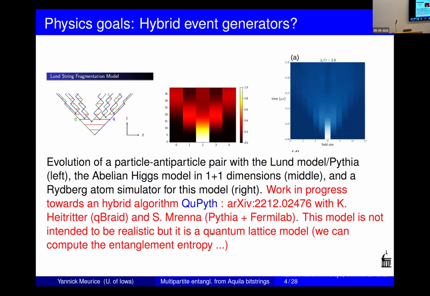This is also a very simple 1+1 dimensional model that was done with exact diagonalization. And this is a simulator with QuEra or Rydberg atoms that reproduces some, but not all, of the properties of the model. So this is the big plan.